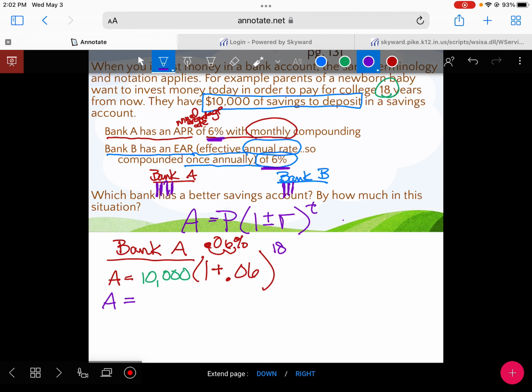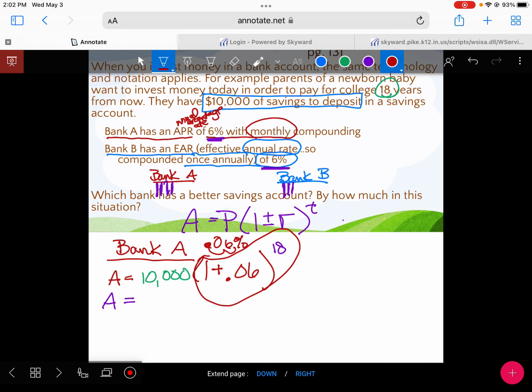All right, I got an answer. I'll tell you what I did. I do the exponent first and then multiply by 10,000. But these calculators are pretty nice. They usually do it the way you want.